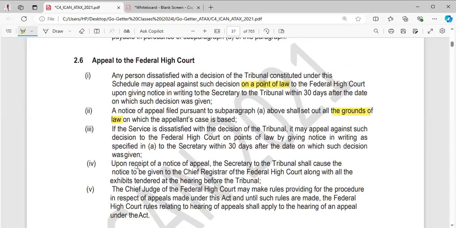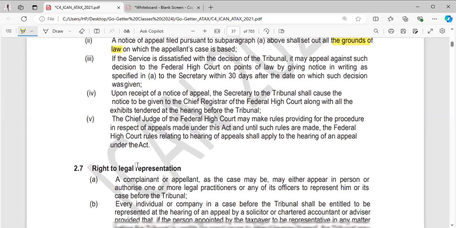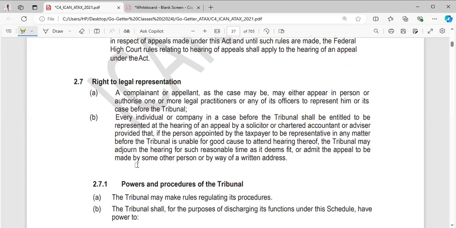Now, when you were having the Tax Appeal Tribunal sitting, find out that it is not a court. And so there may be no need for a lawyer or legal representative. You may just have your accountant, your tax practitioner, even a representative of your office may just come and represent.